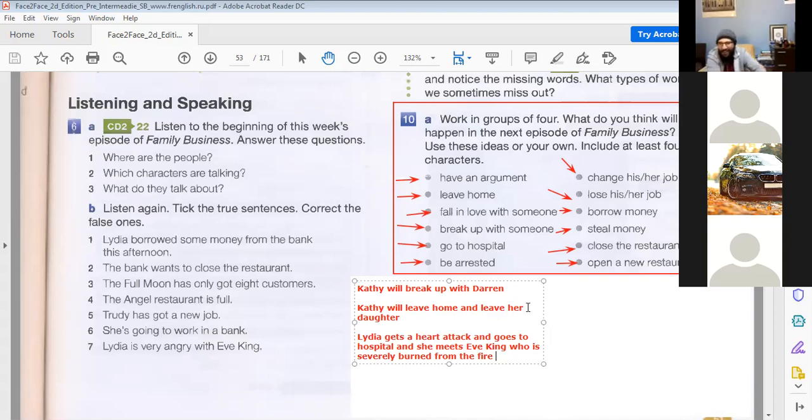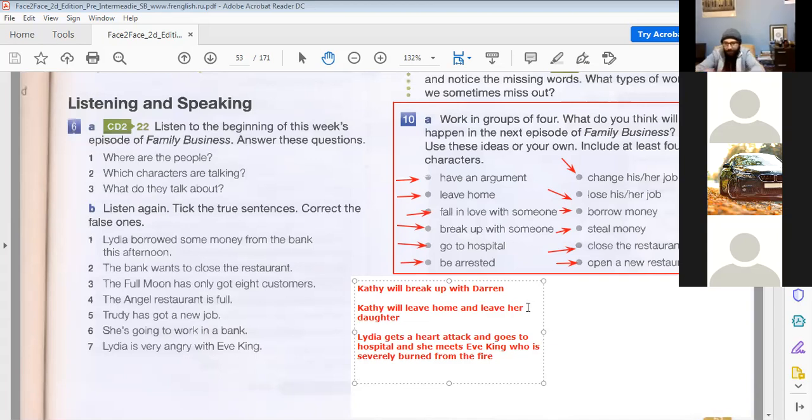I think Darren goes to the restaurant and steals some money when people are running. But which restaurant? His parents' restaurant or the Angel? The Angel, maybe. You mean after the fire or before the fire? After the fire, when people are running.